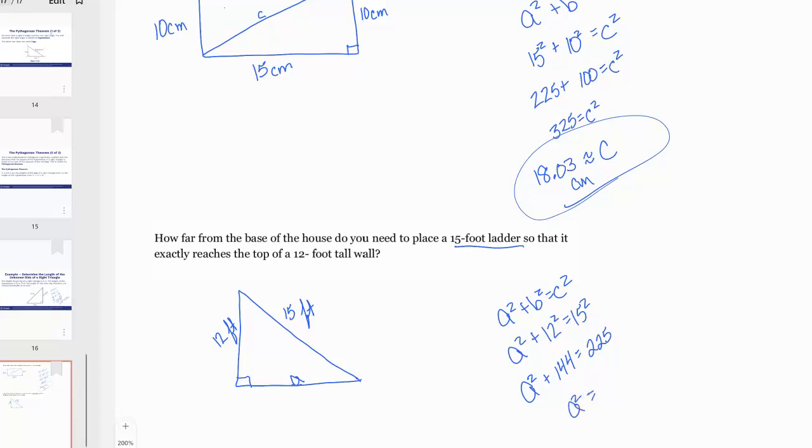So we're going to move this over by subtracting. So 225 minus 144 is 81. And then I'm going to take the square root to get a by itself. And the square root of 81 is 9. So this distance would be 9 feet. We would place it 9 feet from the wall and we would reach that height exactly.